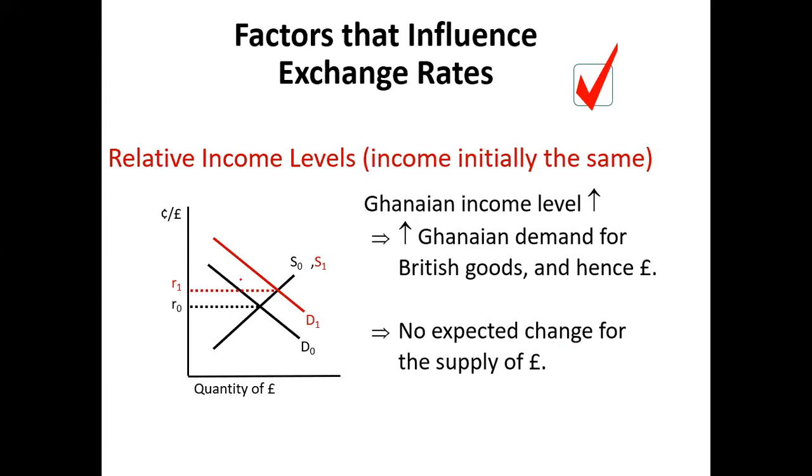So there will be an increase in demand for foreign currency, because there's much money in the system and you have to convert that money into foreign currency before you can go and buy from outside. So when relative income levels rise, people will do more imports, and they will demand more foreign currency. Holding supply of the foreign currency constant, the exchange rate is going to shoot up, all right?